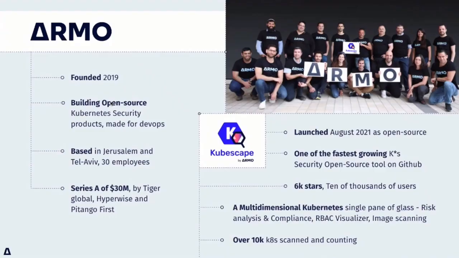And currently, I'm the manager of Armo engineering group. Armo is the mother and father of Kubescape, which is the open source product for securing the pipeline. We have many stars on GitHub, and you can drill down and check that out in your free time.